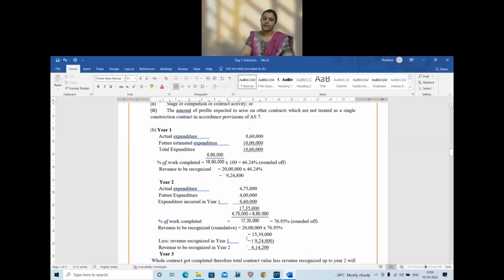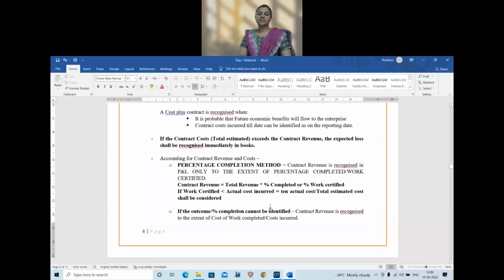Wait. Allow me to complete. Yes, ma'am. 20 lakhs is the total revenue or contract price, whichever is the... Because work certified is less than the cost incurred. Work certified is only 8 lakhs. Cost incurred is 8,60,000.